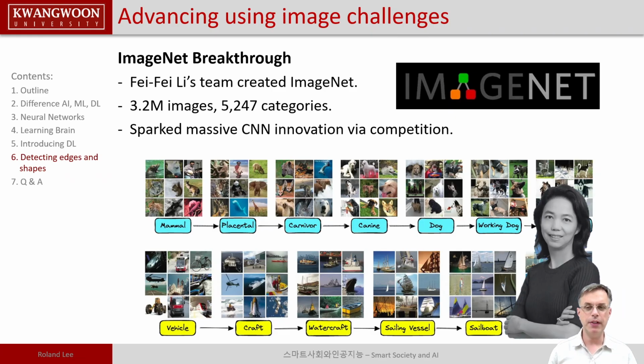The resulting dataset, completed in 2009, was called ImageNet and contained 3.2 million labeled images arranged into 5,247 hierarchically organized categories. You can learn more about this dataset at imagenet.org.